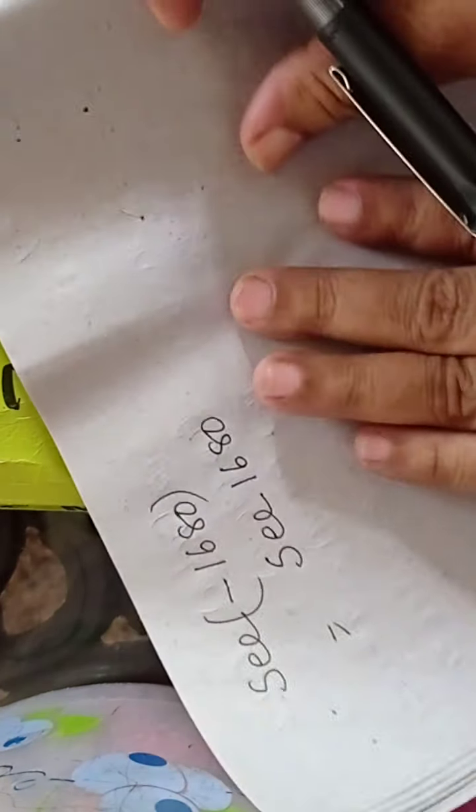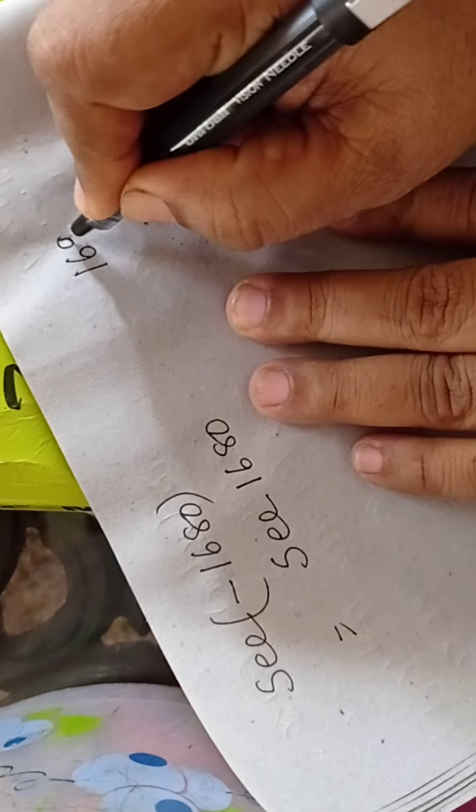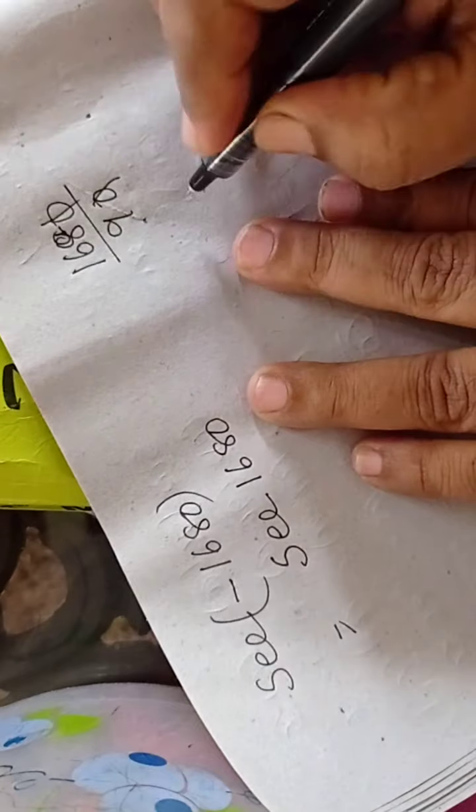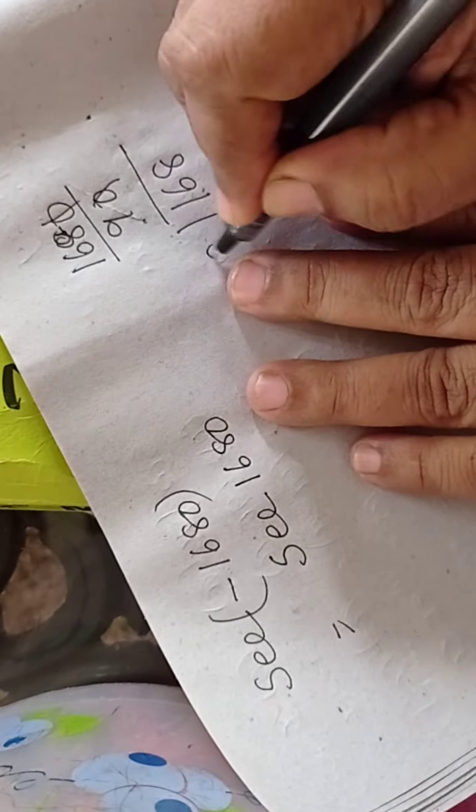Okay. Now divide by 90 using your calculator. 1680 by 90, that is 168 by 9.